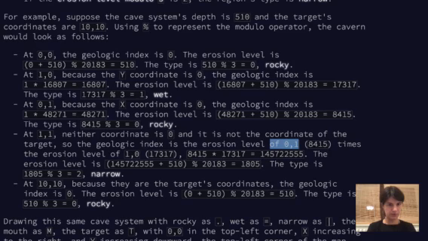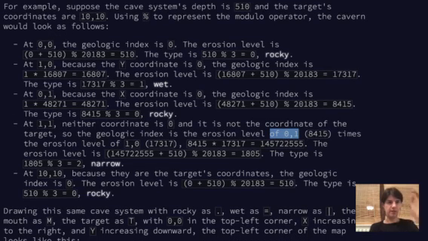So for some reason they're way off to what we have here. How did that happen? Test input 5, 10, 10, 10. Okay, so let's look here at 1, 0. Oh no, at 1, 0 we want 16,807. 16,807, yep.